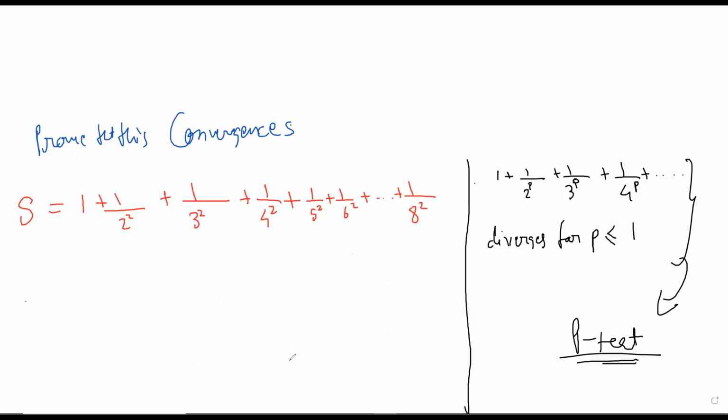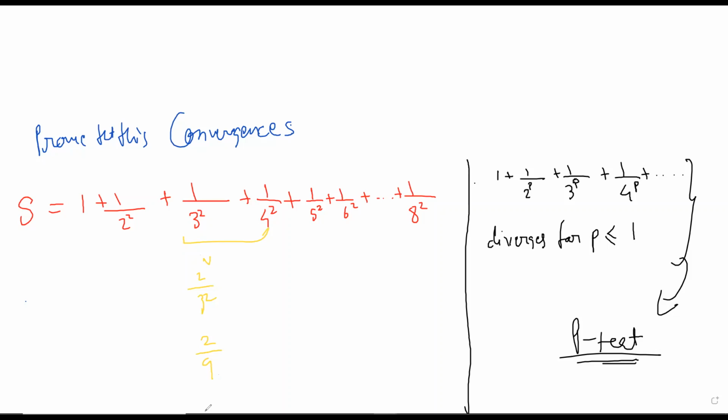So if I pick 1/3 square and 1/4 square, and replace each with 1/3 square, it will become 2/3 square. Yeah, it's 2/9. Okay, 2/9.